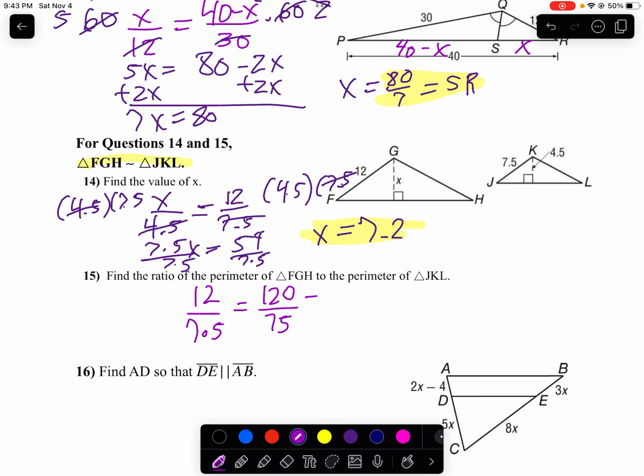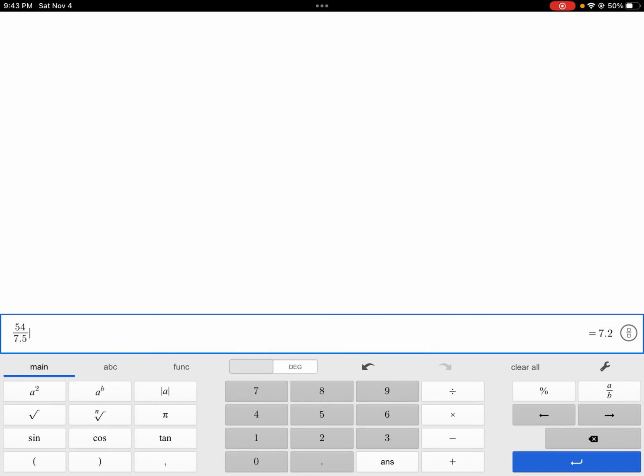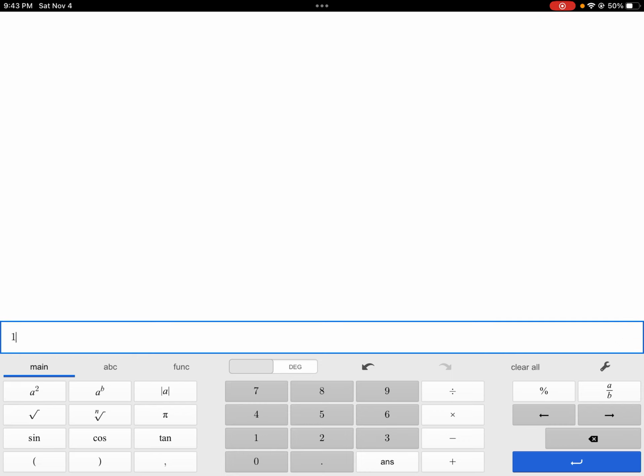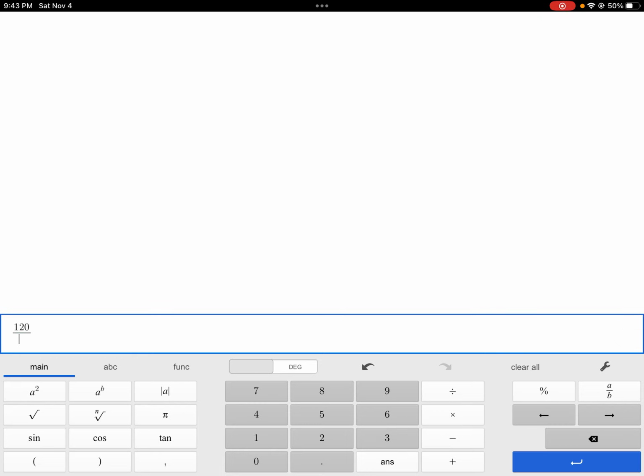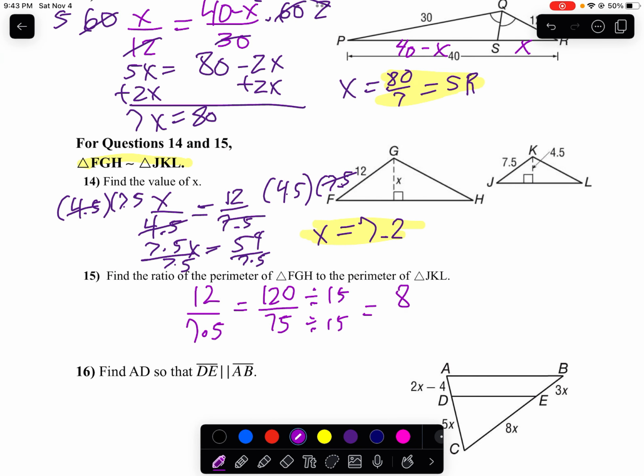I do believe I can divide both of those by 15. 120 divided by 15 is 8. 75 divided by 15 is 5.